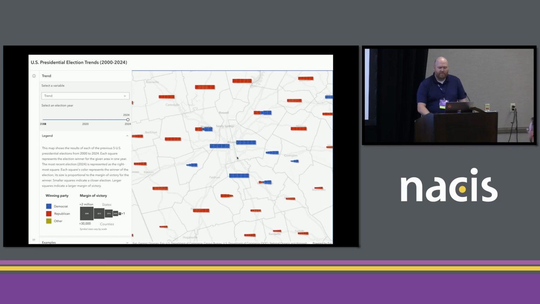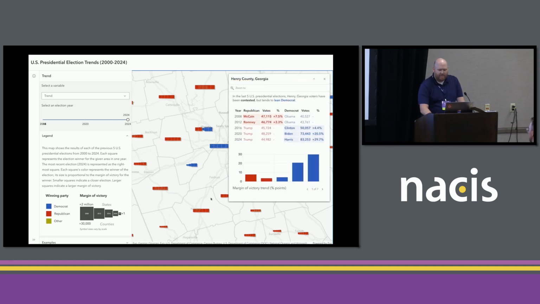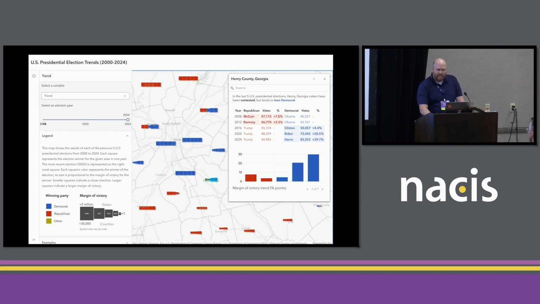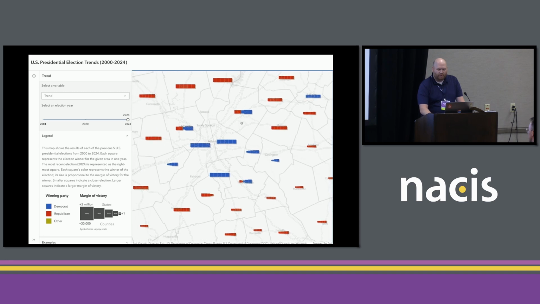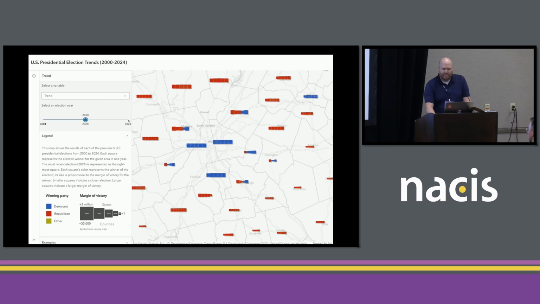Also on the county level, you can see Atlanta and its suburbs have been a story in the last few elections. If you take a look at this county here, Henry County tended to lean Republican, but now more strongly Democrat. What's cool about this symbol too is you can still hook it up to a slider and achieve some kind of exploration of trend while visualizing that.